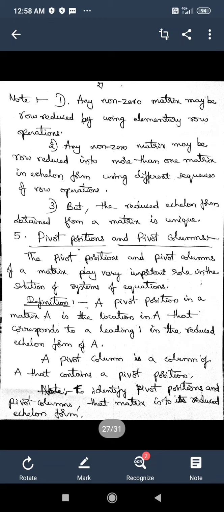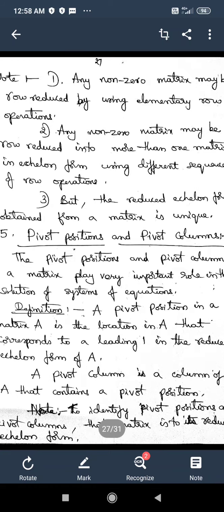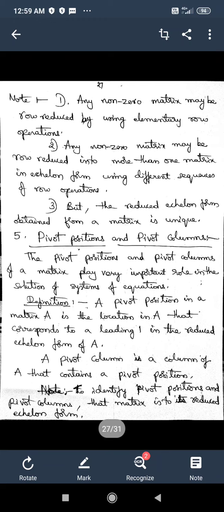How do we change the matrix into a row reduced matrix? By using elementary row operations, that means multiplying a row by some scalar and adding or subtracting it from another row. Those things are called elementary row operations.